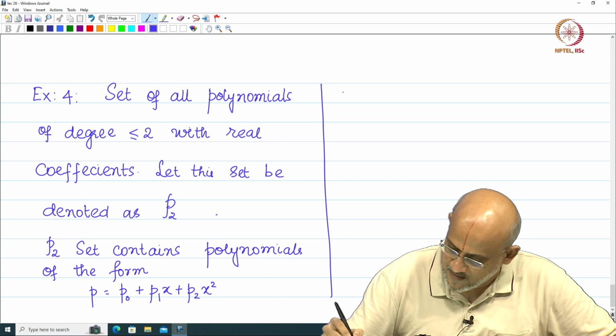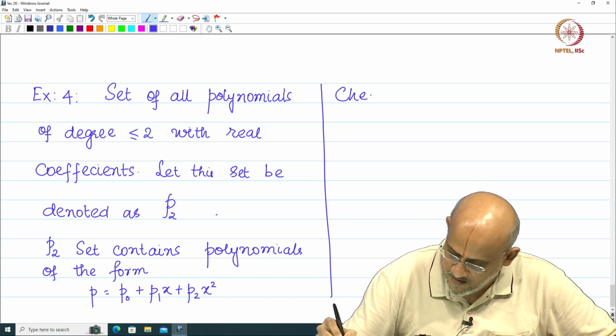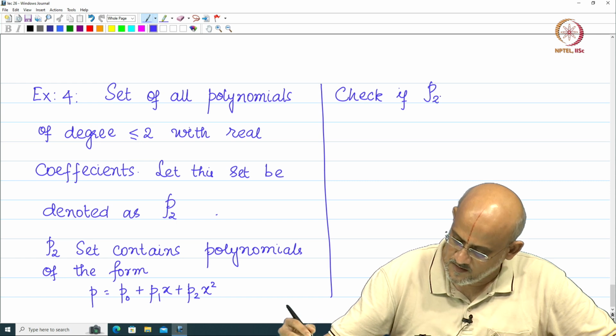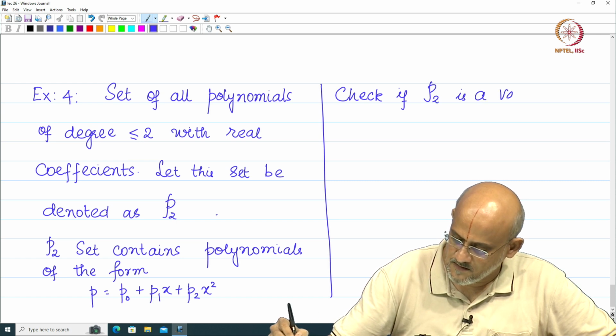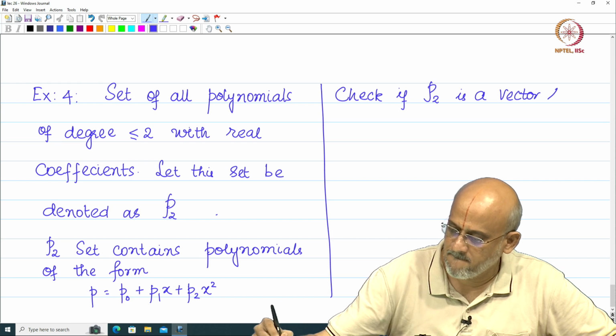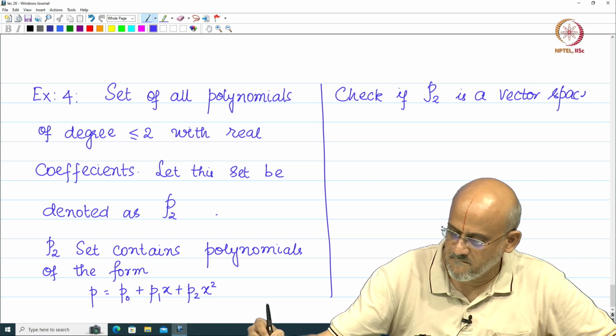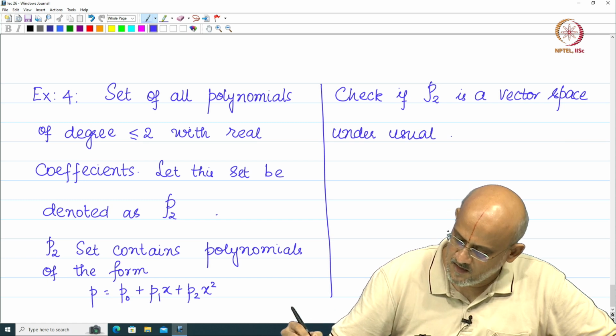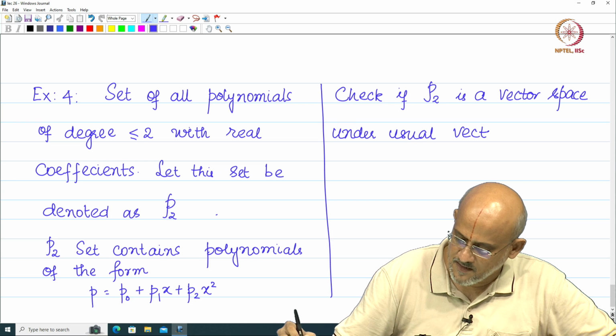So, we will check if P2 is a vector space under the usual vector addition and scalar multiplication.